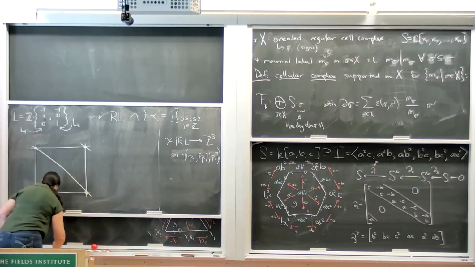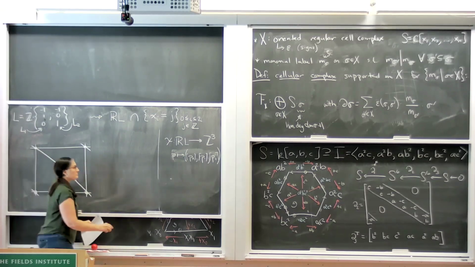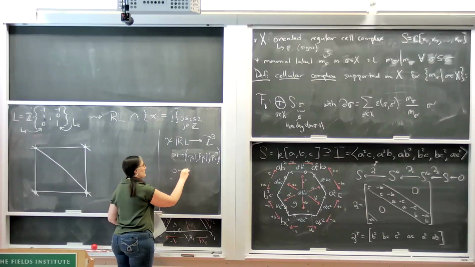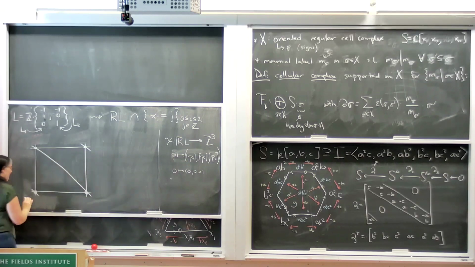So the origin, 0, is going to map to 0, 0, 0. That gives me x to the 0, 0, 0, which is 1.